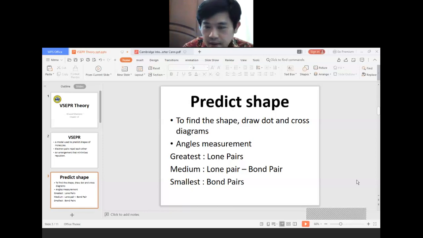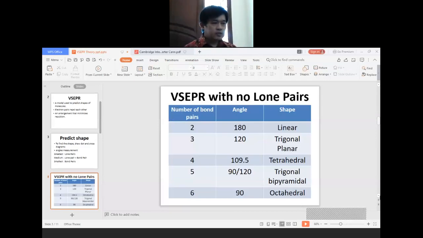Okay, next, the VSEPR shapes with no lone pair. It means there is no lone pair at all, so all are bond pairs.